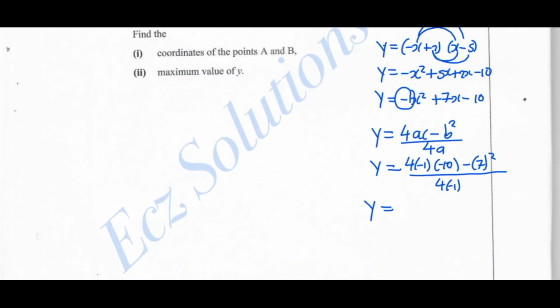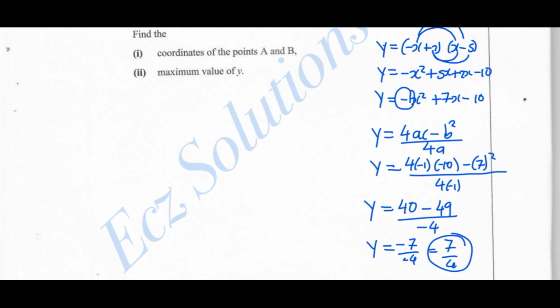So here we get positive 40 minus 49 over negative 4. Here we are going to have negative 7 over negative 4, which is 7 over 4.